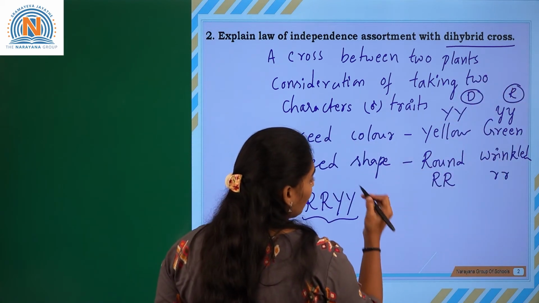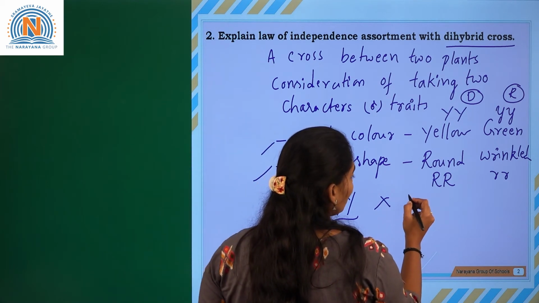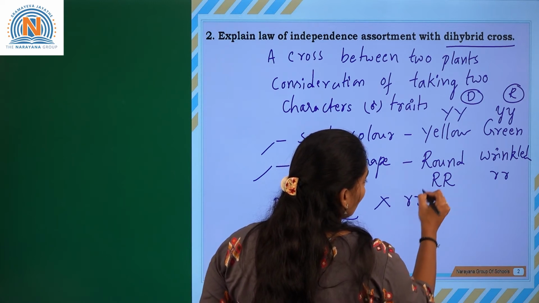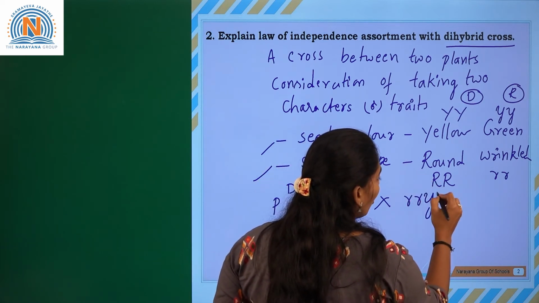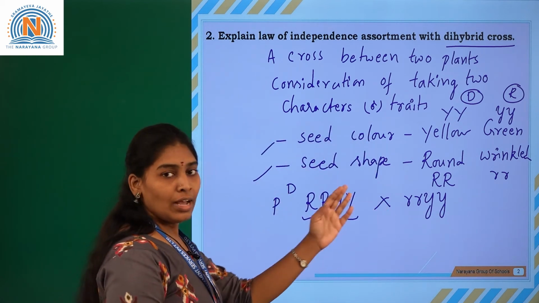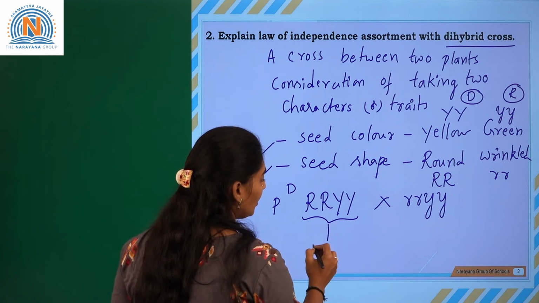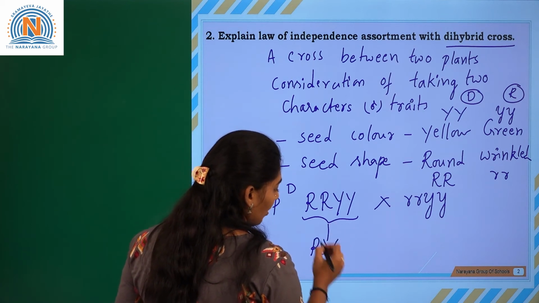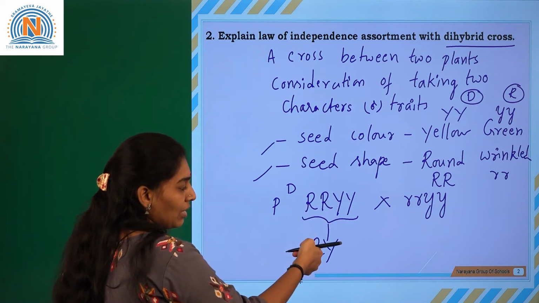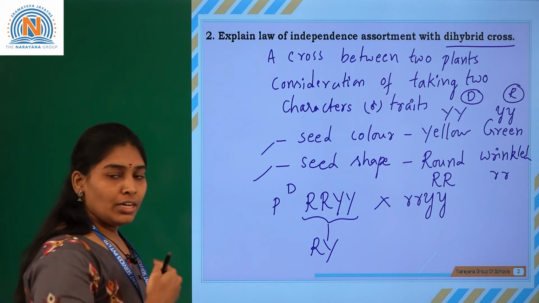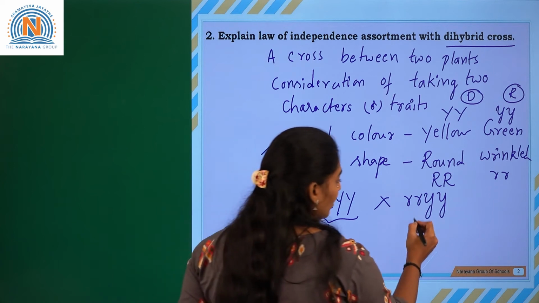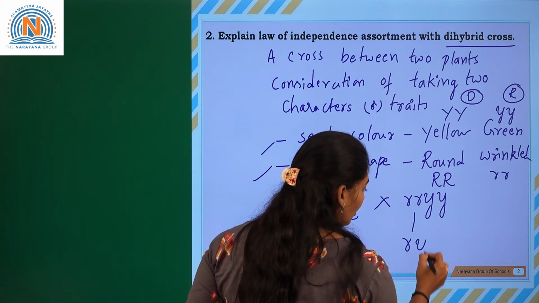One parental plant crosses with the other parental plant. Because of the law of segregation, only one allele is randomly sent to the offspring: one R and one Y from one parent, and small r and small y from the other.